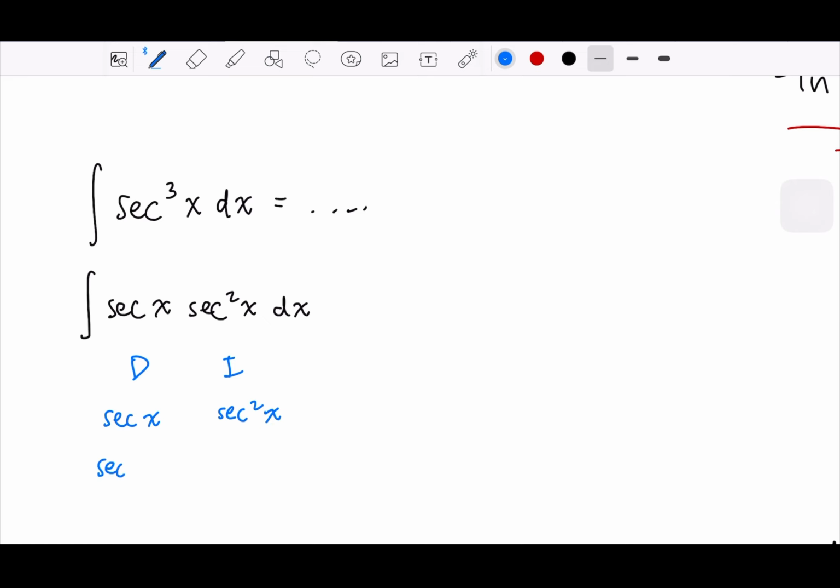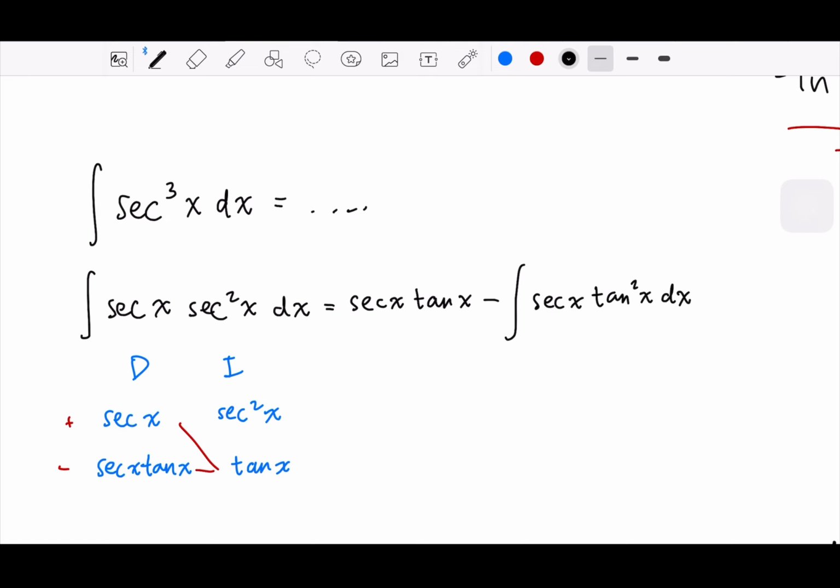This will be secant x tangent x, and this will be tangent. And this will be secant x tangent x, and then minus the integral of secant x tangent squared x, right? And we need to solve now the secant x tangent squared x.